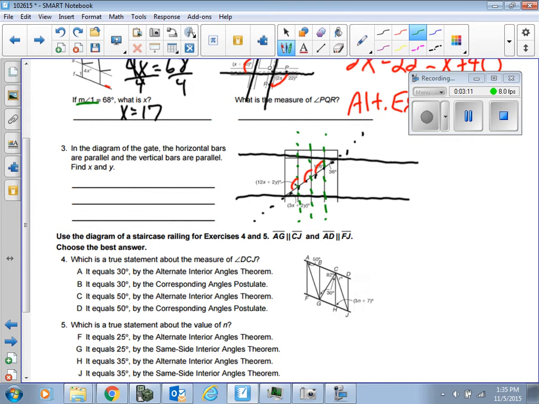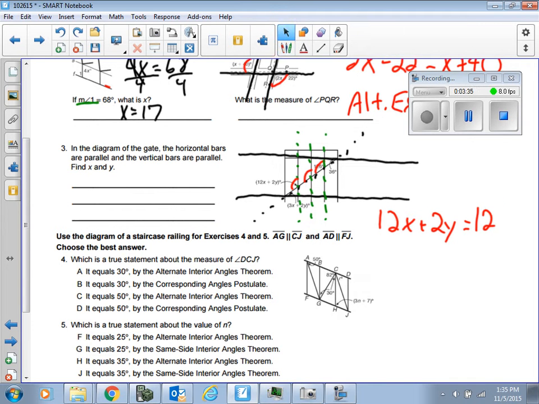So that means the ones in red are going to be congruent. So you can say that 12x plus 2y equals 126. That's because they're corresponding.